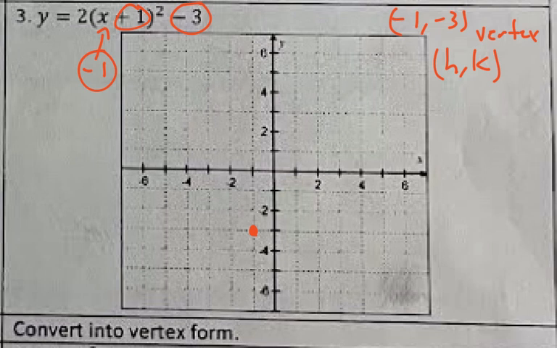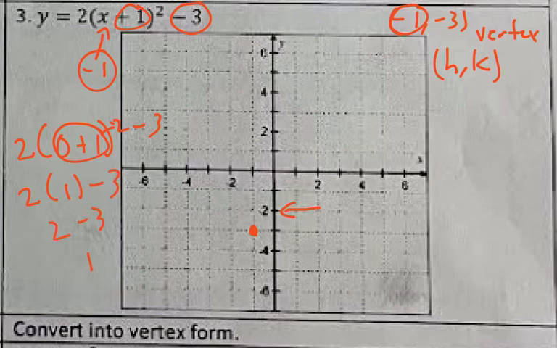Now, because my vertex is at -1, how about we pick a point that's just one place to the right, which will be 0. If I plug in 0, 0 plus 1 is 1, squared is 1, so I got 2 times 1 minus 3, 2 minus 3 is -1.